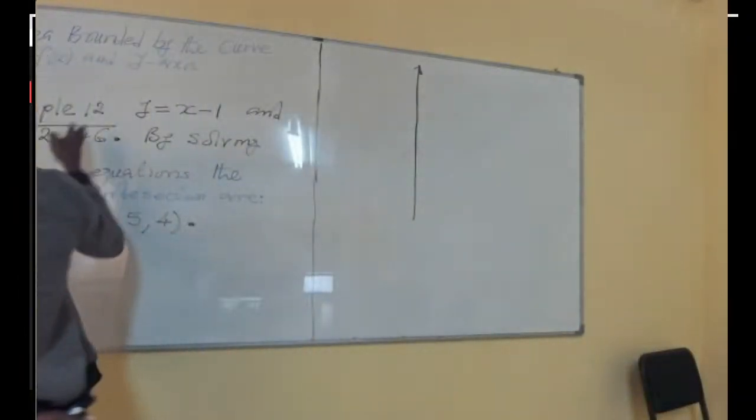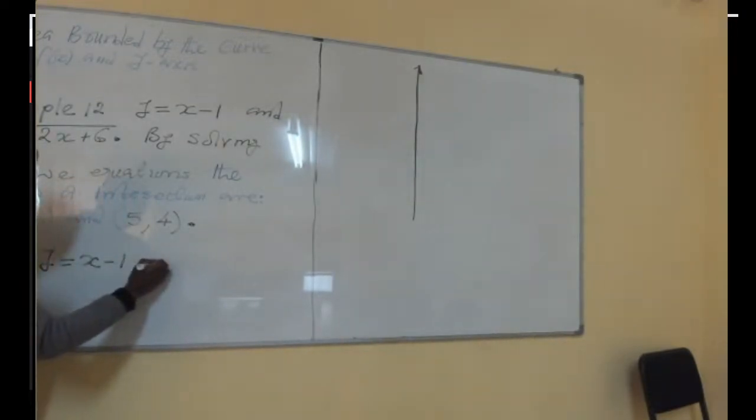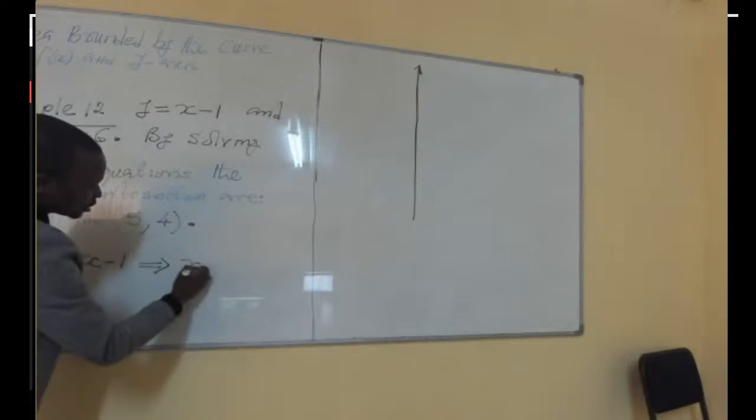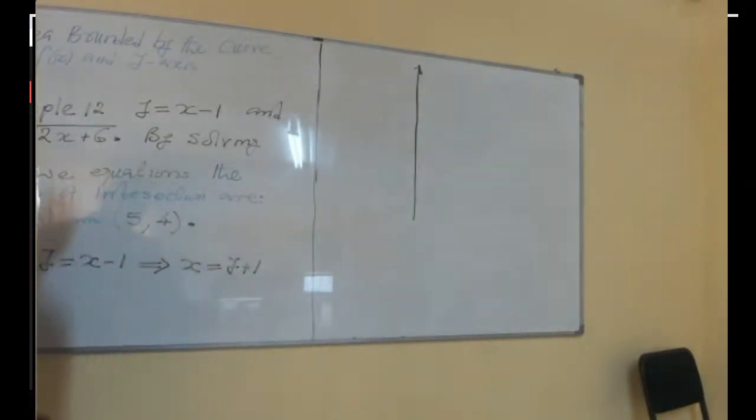Now, if you look at the first one, we need to make x the subject of the formula here. So note y equal to x minus 1. This implies x is equal to y plus 1.